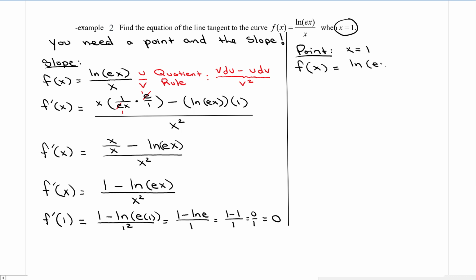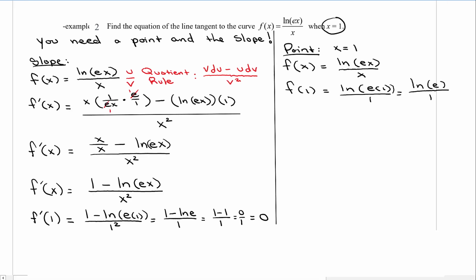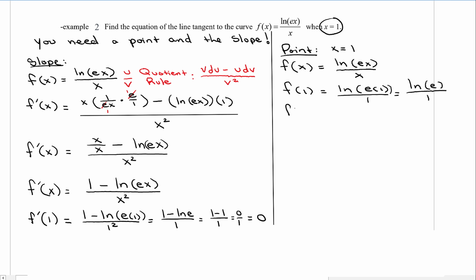And then f of 1 is equal to the natural log of e times 1 over 1. And this is going to be equal to natural log of e over 1, which is just the natural log of e. So my point here is going to be f of 1 equals 1 over 1, which equals 1. And I'm going to draw an arrow pointing towards the point. So my point is going to be 1, comma 1.